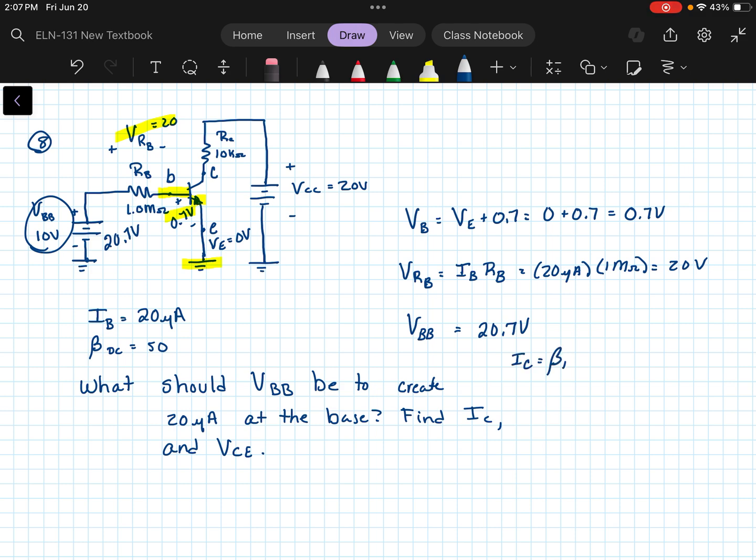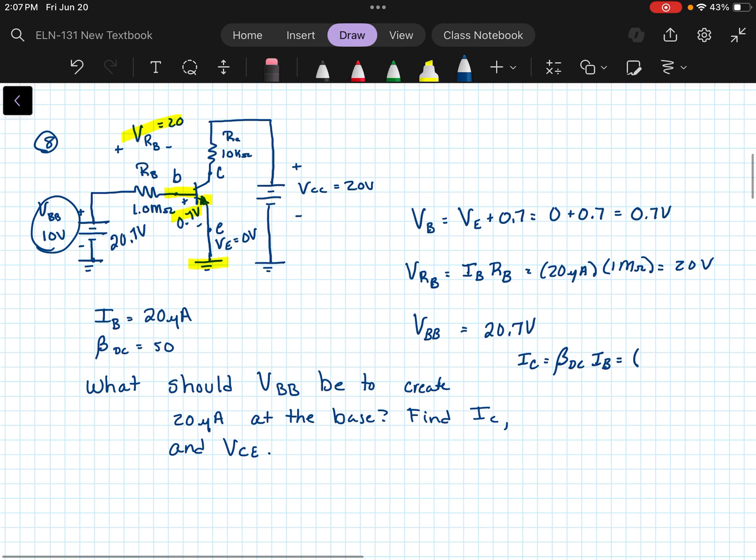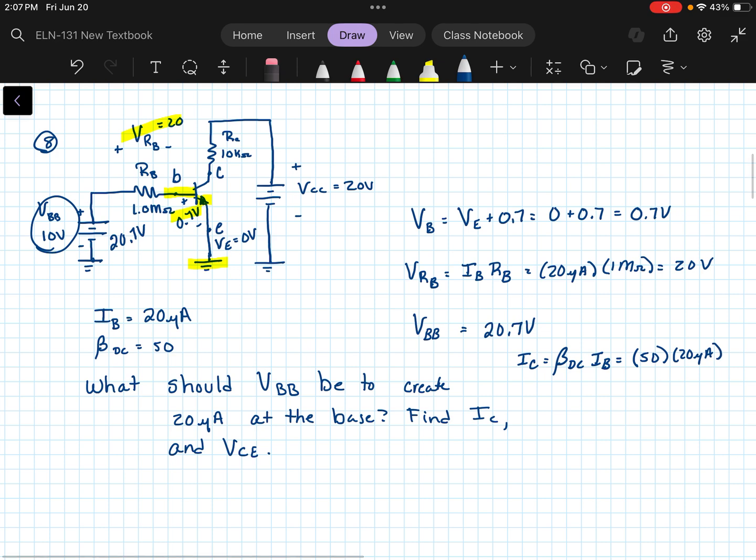IC again is just the beta times IB. So if we have a beta of 50 times the 20 microamps, which would be about 1 milliamp.